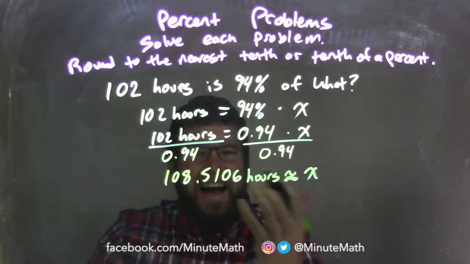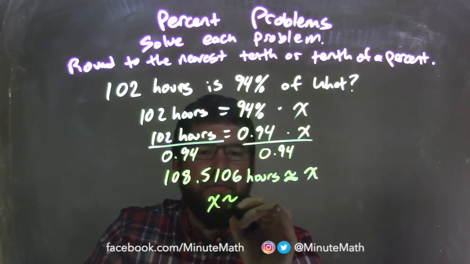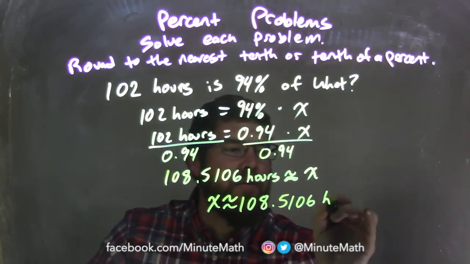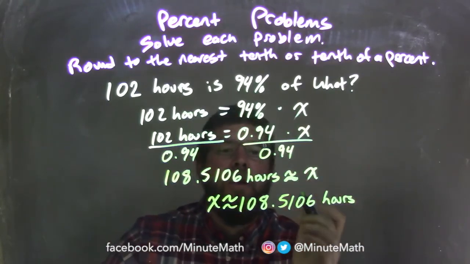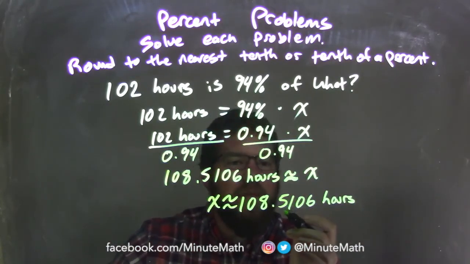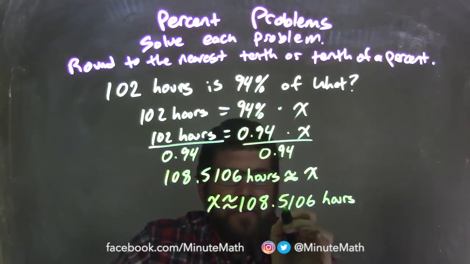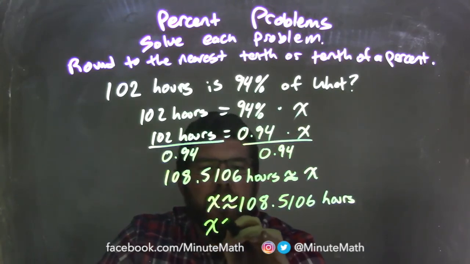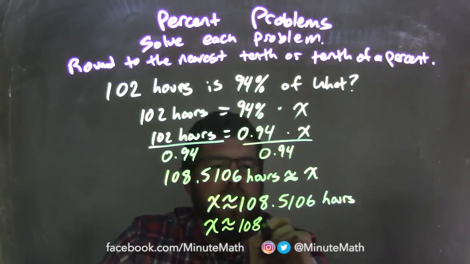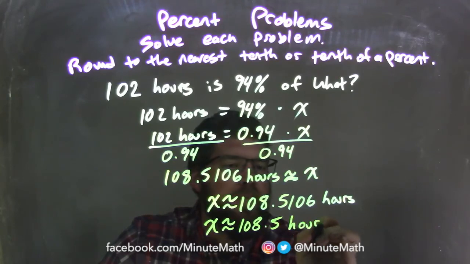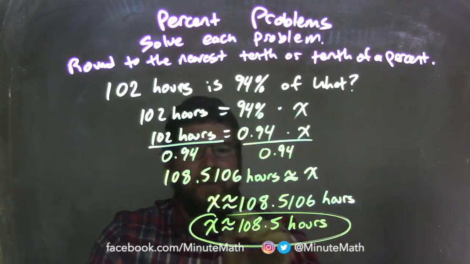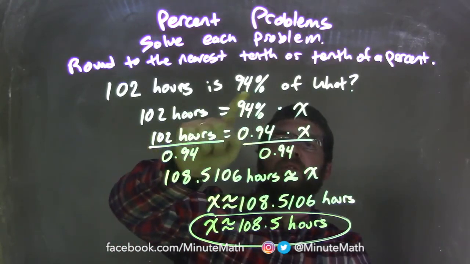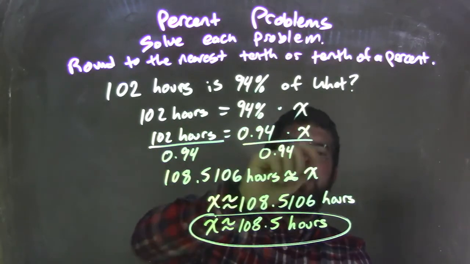Then x comes first because it looks nicer, so x is approximately 108.5106 hours. Okay, so now I need to round that to the nearest tenth, right? So the 5 and the 1 causes the 5 to stay where it is. It rounds down. So we have x is approximately 108.5 hours. That's our rounded answer. That's our final answer. And it answers our question: 102 hours is 94% of 108.5 hours.